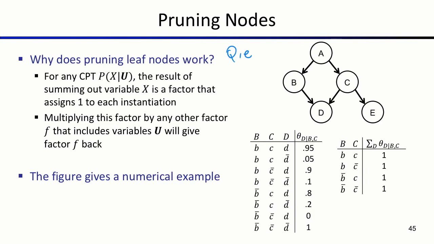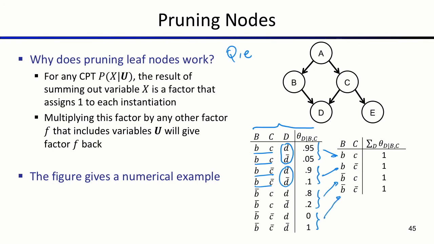But what happens when we sum out some leaf variables? We have one example here for D. And this is the CPT for D given its parents B and C. When we sum out D, what do we do? We take all the matching instantiations of B and C and sum over the values of D. So we're going to sum these 2 rows. And we keep doing this for all these pairs. And the result is basically this here.